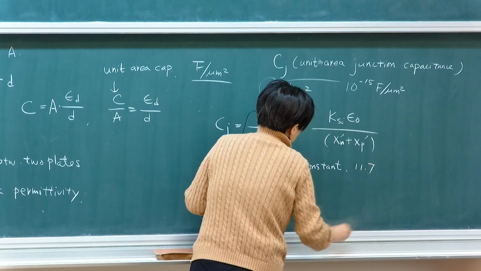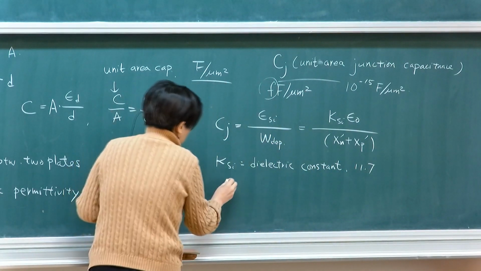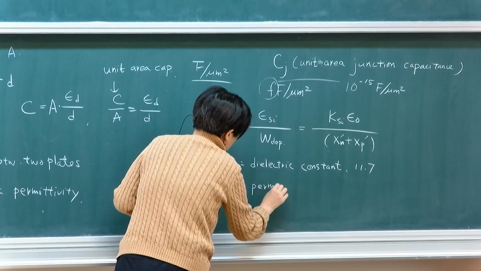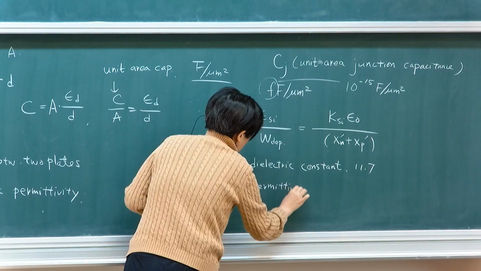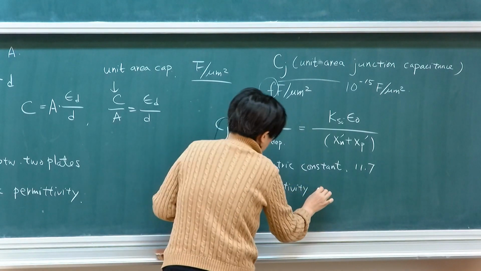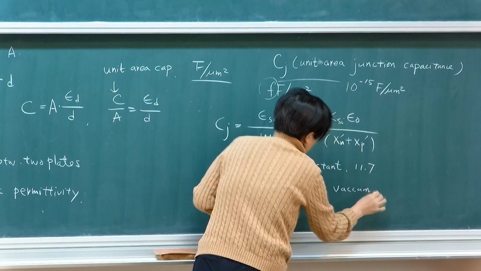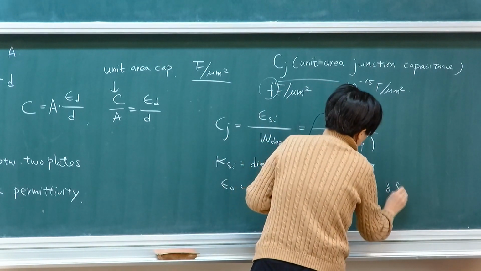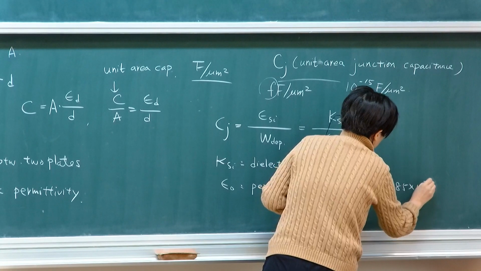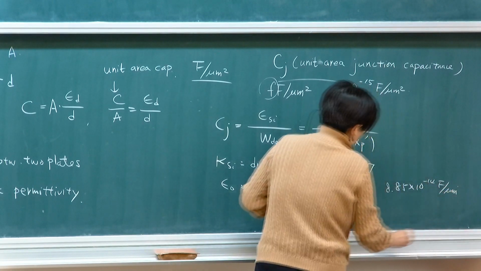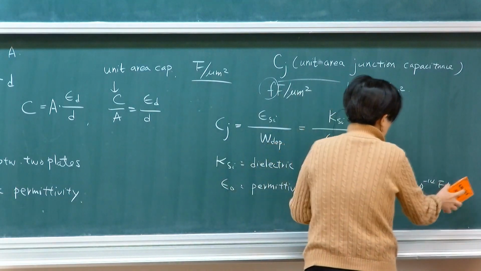It's at the level of 11 for silicon. It's a constant, and this is the permittivity in vacuum. The number is, if I remember correctly, you can go check, in farads per cm, I believe.